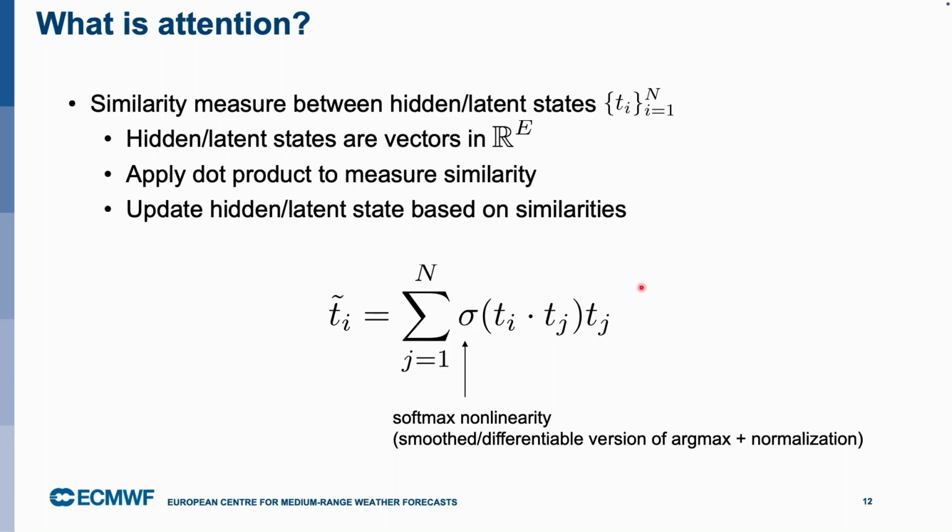We still want to make sure that the activities in the neural network don't exceed certain thresholds, so we want to normalize our activities on the fly. That's why the "Attention Is All You Need" paper introduced the softmax activation function. The softmax has two properties.